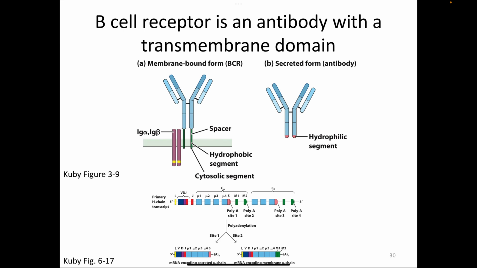And so you could imagine that making a B cell receptor so that you can get a signal is really the same as making antibodies, like we've just said. And so as I talk about the rest of B cell development, I'm really going to be talking about making the BCR, but it's the same thing as making the antibody, because it's actually the same RNA that's just spliced differently.